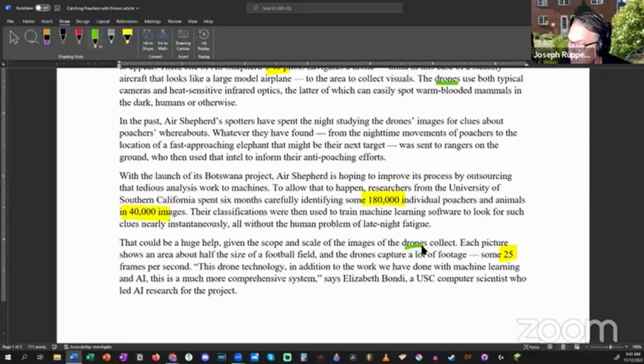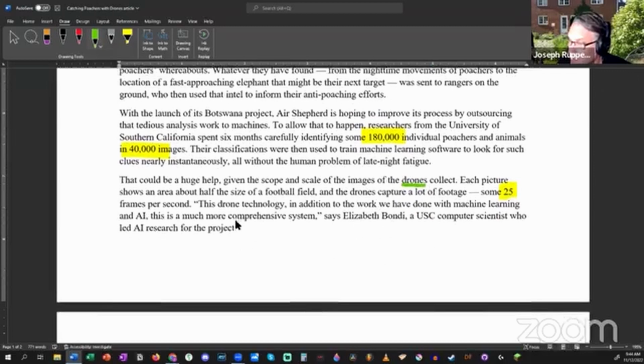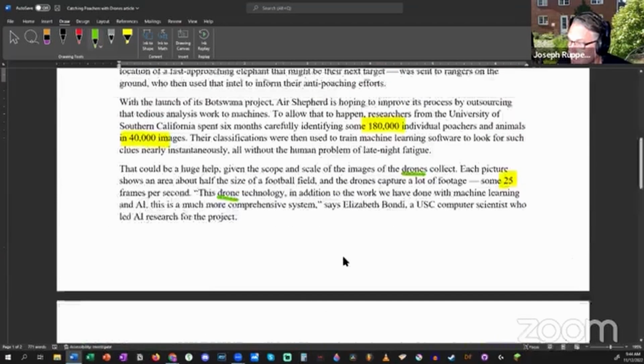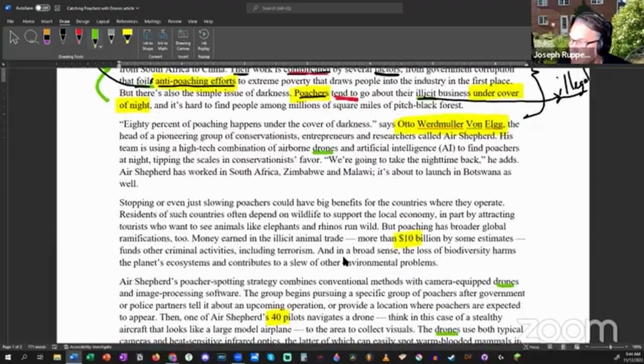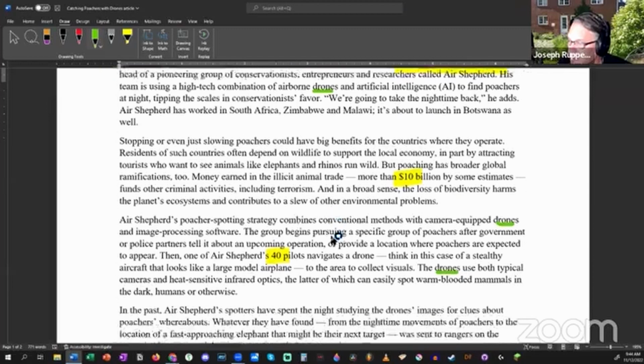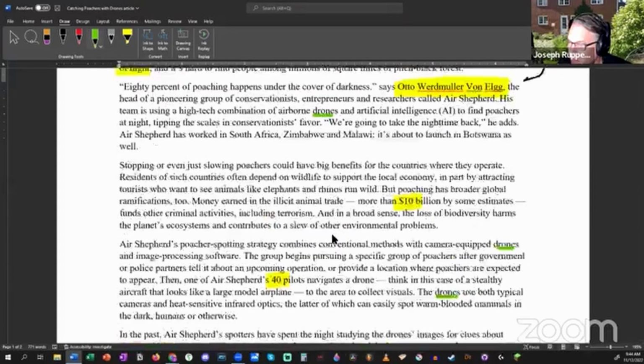So we've got information on drones, which is good. We've got some numbers, and then we've got some names of some specific people.